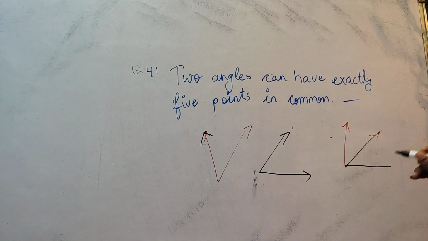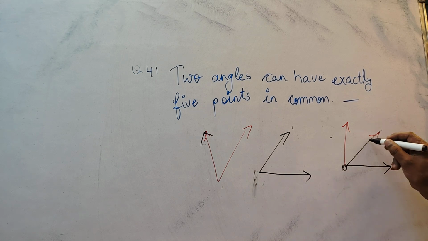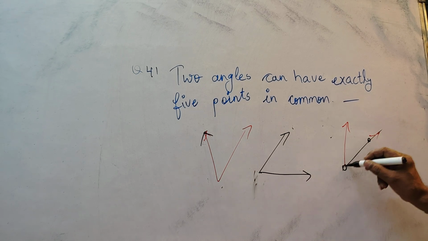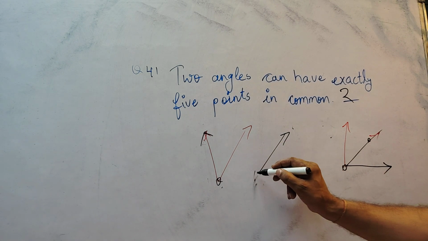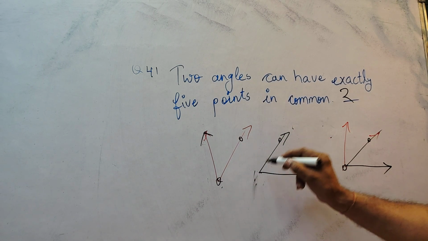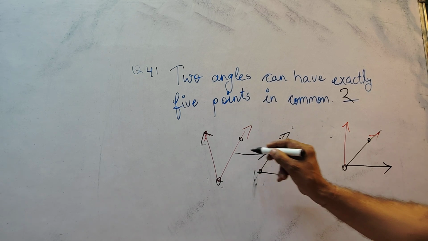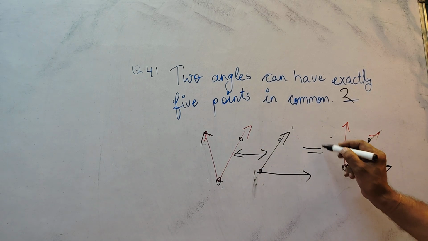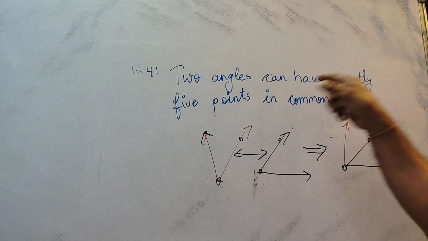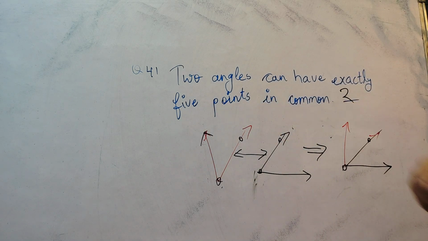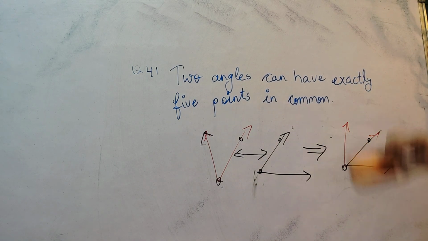The first is the initial point, the second is the final point. So 2 points are common for the two angles. If we join them, they form this angle. So two angles can have exactly 2 points in common. That's why it is false.